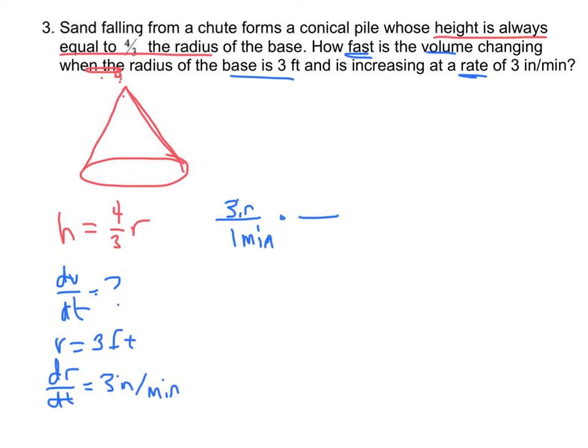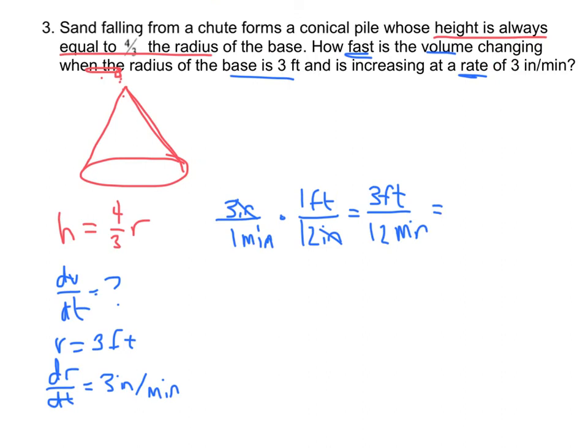So what we're going to do is take 3 inches and multiply by a factor of 1 that includes inches and feet. So if I put 1 foot over 12 inches, what that does is it allows me to cancel out the inches, the unit of measure that I don't want, and what's left is 3 feet for every 12 minutes.